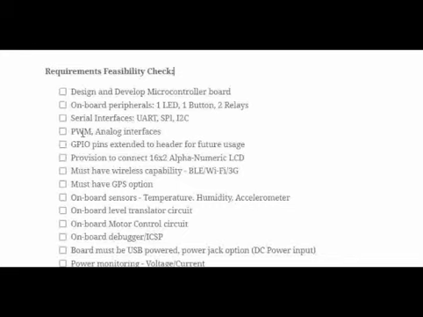And we wanted PWM, analog interfaces, which is always possible with the ATmega chipset. And GPIO pins extended to a header for future usage. This can be done. Whatever the unused pins are there, we can expand out. And also, if required, we can branch out the existing pins to a header, and then provision to connect a 16 cross 2 alphanumeric LCD. So this is a typical requirement.